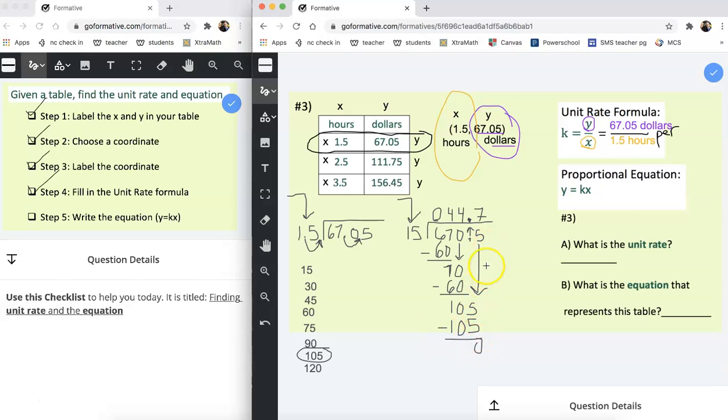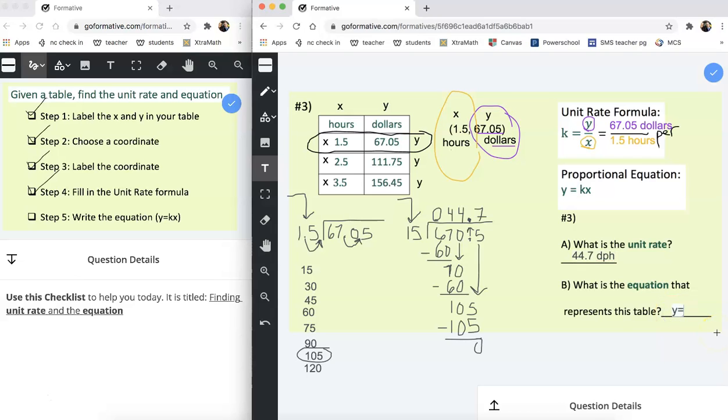And the remainder is 0. There's nothing to bring down. So our answer is 44.7. That is the unit rate. So 44.7, and it's DPH, dollars per hour. So $44.70 per hour.